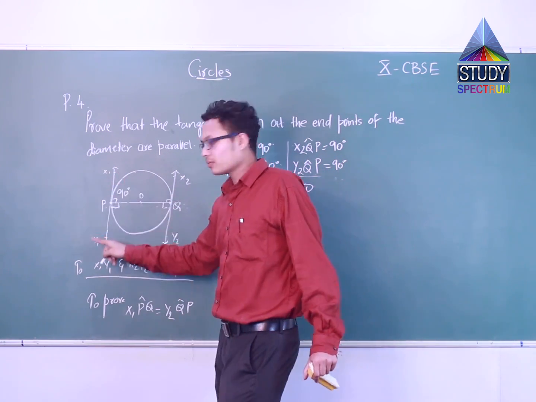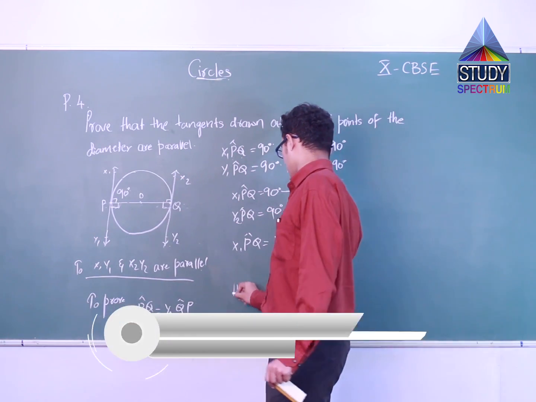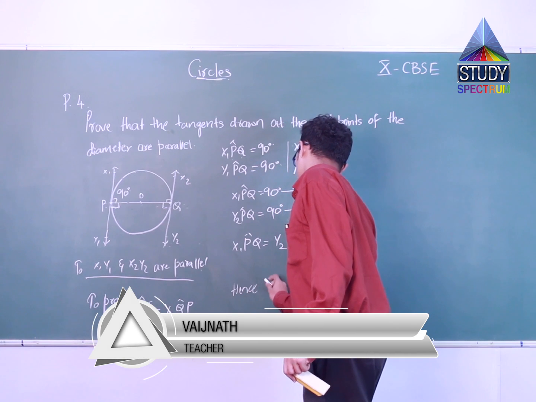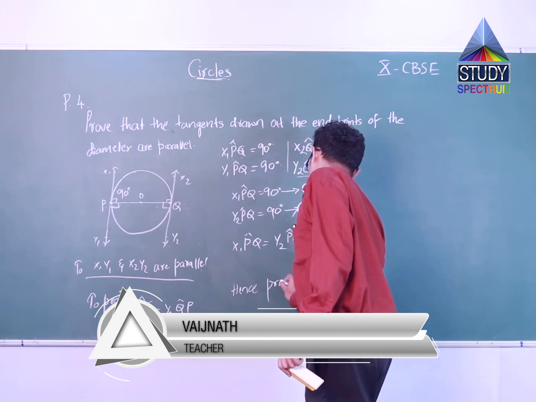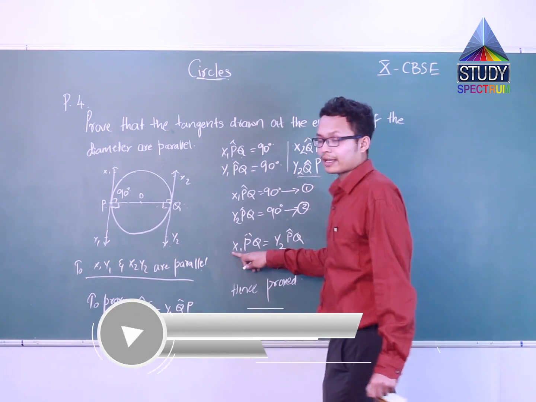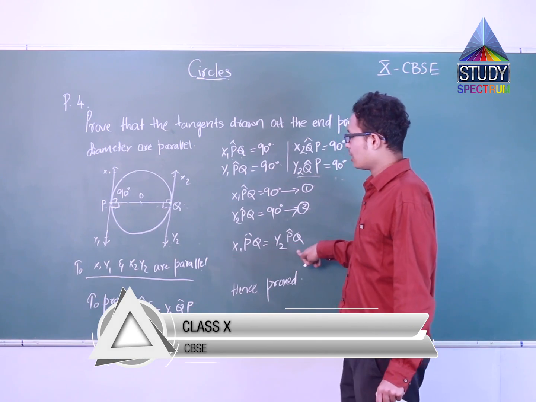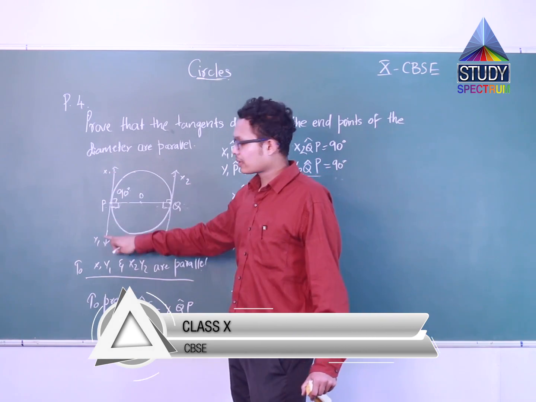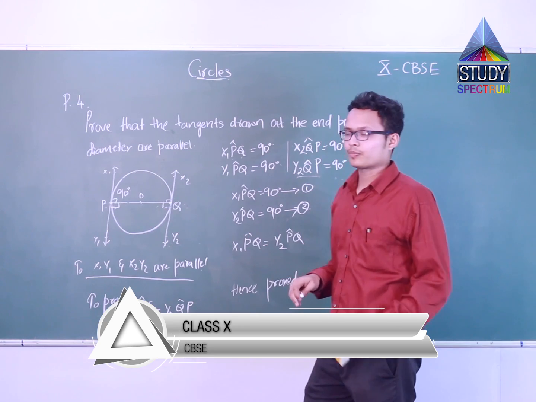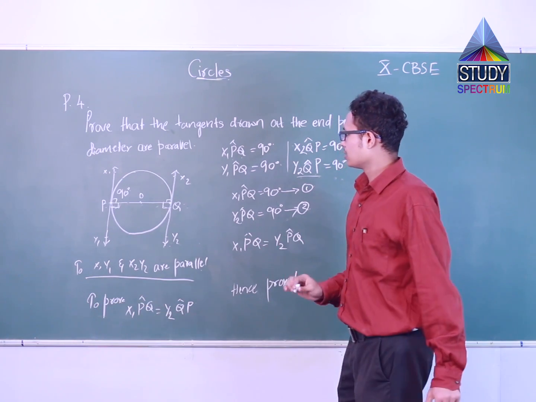Therefore lines x1y1 and x2y2 are parallel, hence proved. You write the statement here that since these alternate opposite angles are proved to be equal, lines x1y1 and x2y2 are parallel to each other. That's how we prove it.